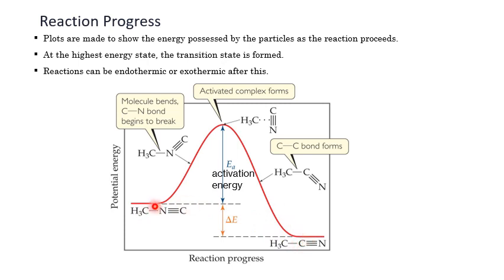The atoms in the molecule are reorganized at this highest energy level. This organization of atoms at the highest energy state is called the transition state or the activated complex. The energy needed to form this state is called the activation energy and is represented by EA.